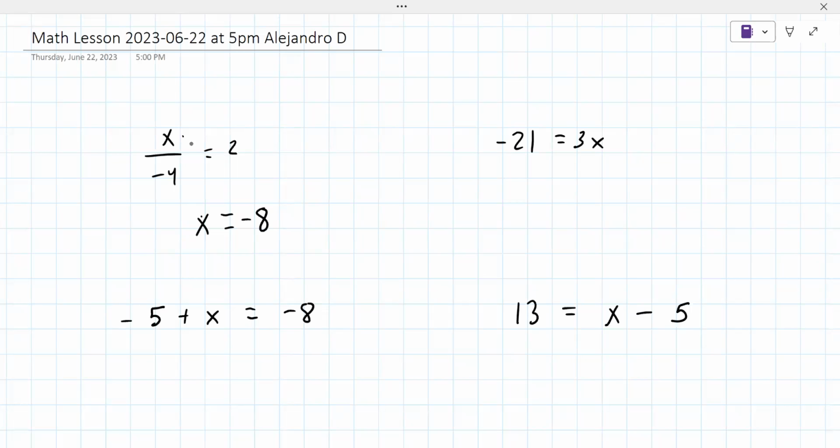Second one is x equals -3. When you say second one, do you mean the one on the bottom or the one on the right? The bottom. Okay, keep going. Third one is x equals -7. Good. Last one is x equals 18. They're all correct.